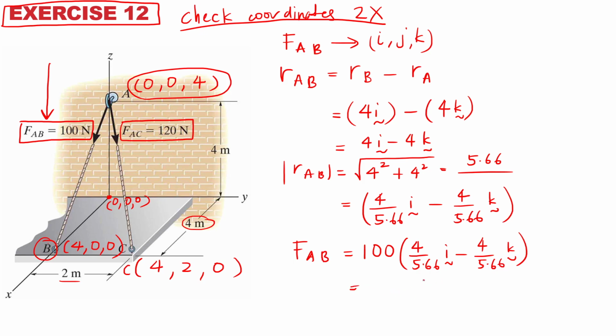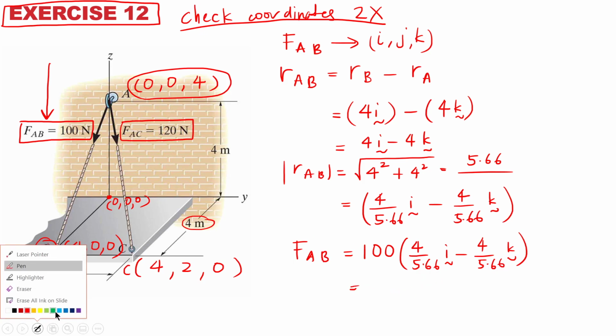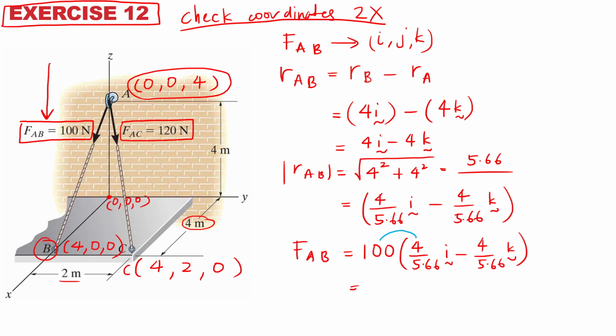So this one, you can really simplify. Multiply by the internals. What is the value? 100 times 4 divided by 5.66, 70.67.